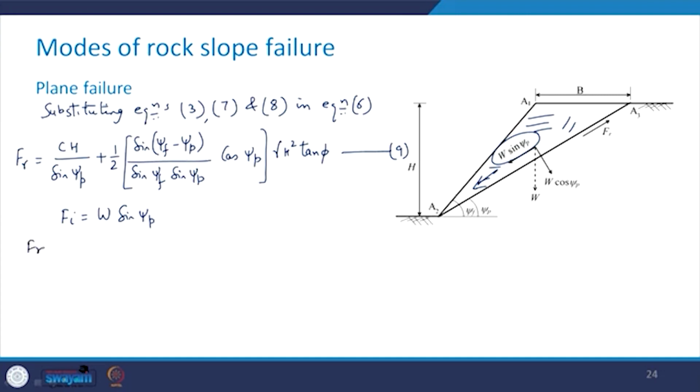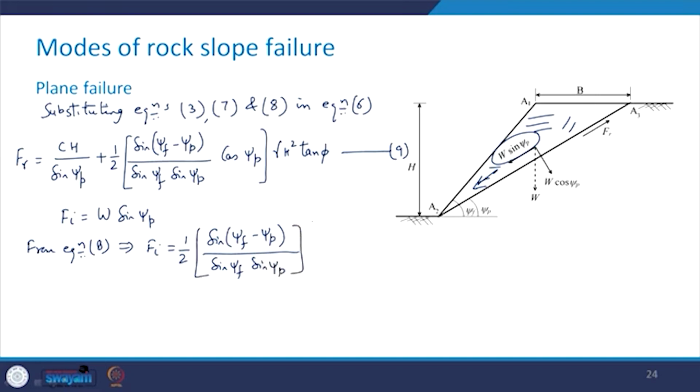Now, from equation number 8, substitute the value of W here, what you will get Fi as half sine psi f minus psi p divided by sine psi f sine psi p, and then you have here sine psi p already, this is gamma h square, and this will get cancelled out.